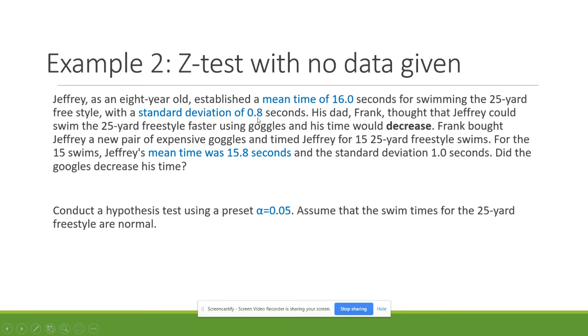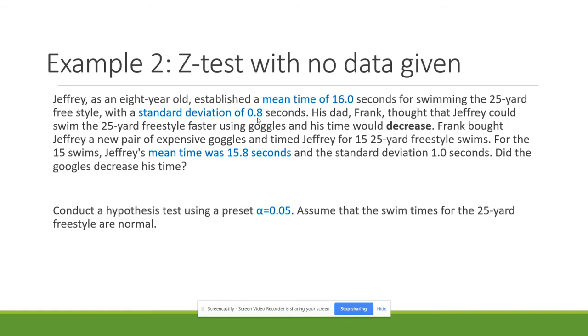Even though it doesn't say population standard deviation or known standard deviation, I know because it said that it had been established. If it says it's established, or we know this, or population, you can assume it's the population standard deviation.